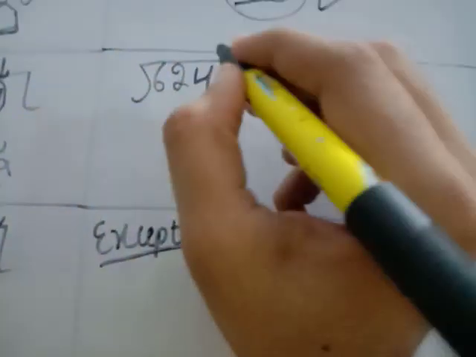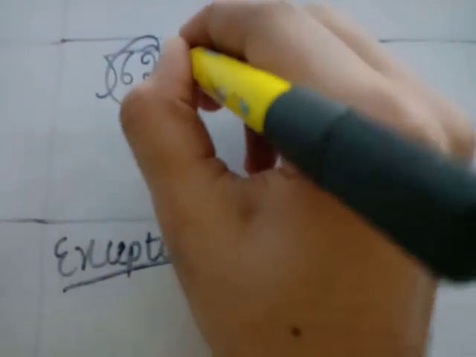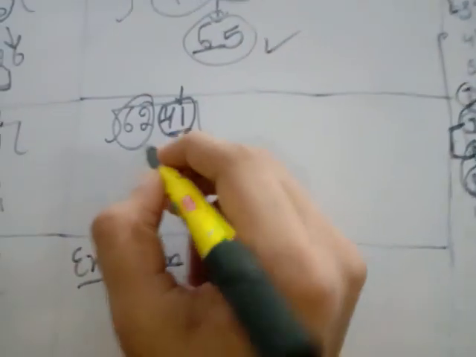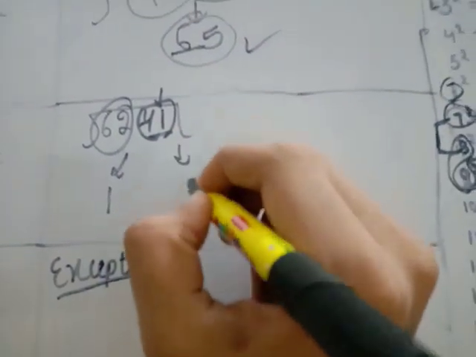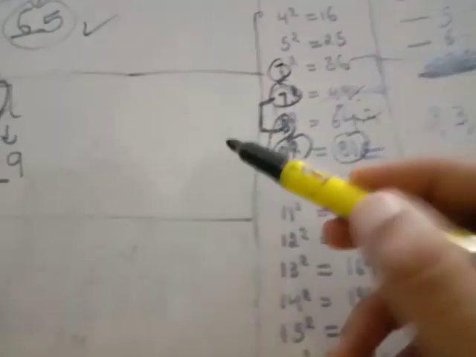Now comes the last example, that is 6241. Group 1, group 2. 1 at the units place. So 1 at the units place, that means there are two possibilities, either 1 or 9 at the units place, in the number which is square root of this. So put the blank for the tens digit at tens place. So 62 lies between the square of 7 and 8.